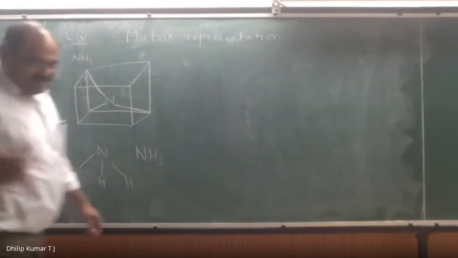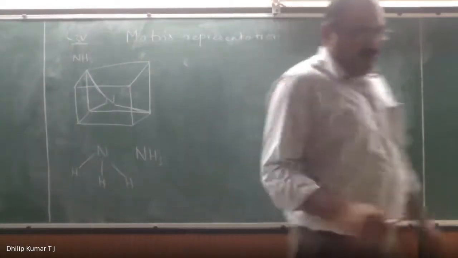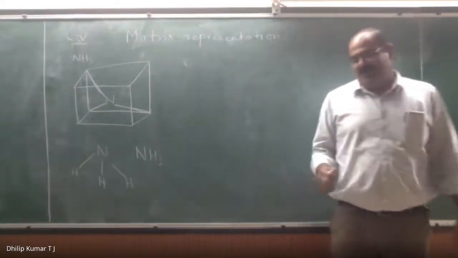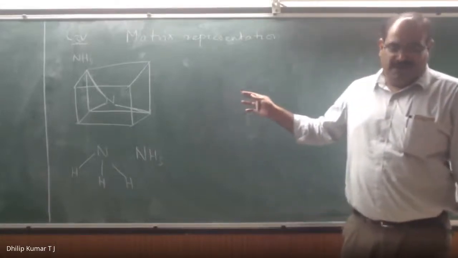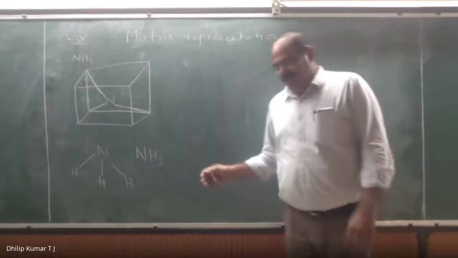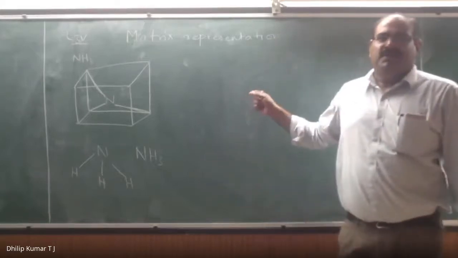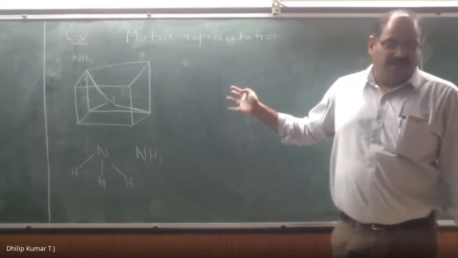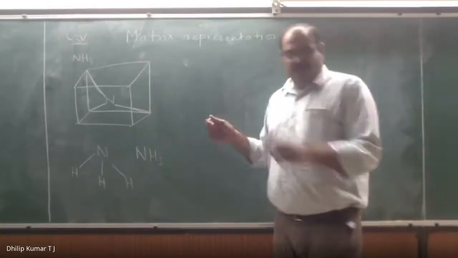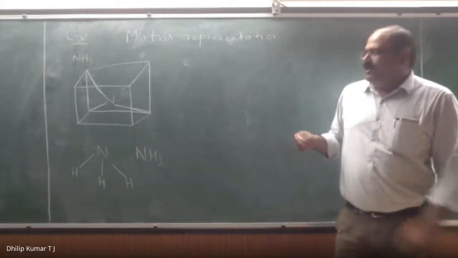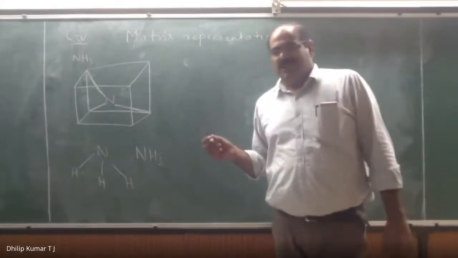Last class somebody was asking about the water molecule: why not consider the lone pair electrons also? In all of this group theory, we don't consider the lone pair electrons to define the point groups. Water is considered just, of course, a distorted tetrahedral. In water, there are two lone pairs of electrons on the oxygen atom, we don't consider that.